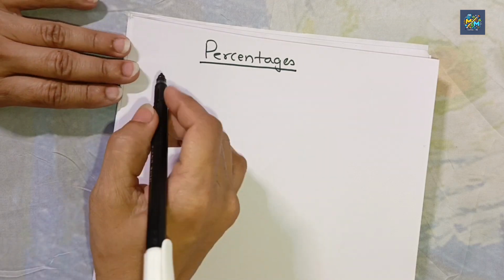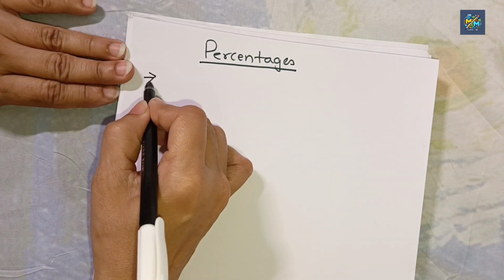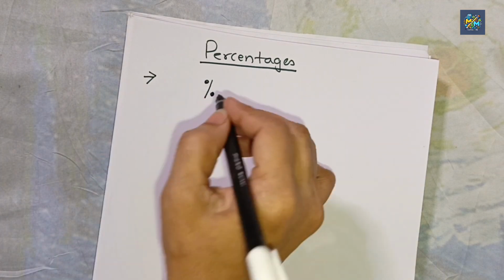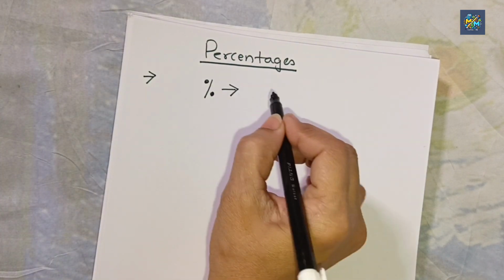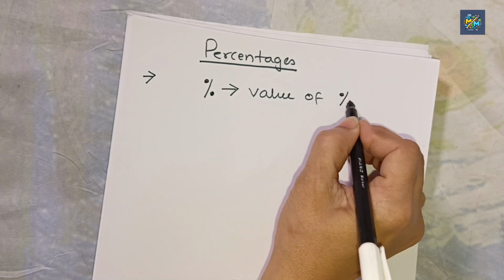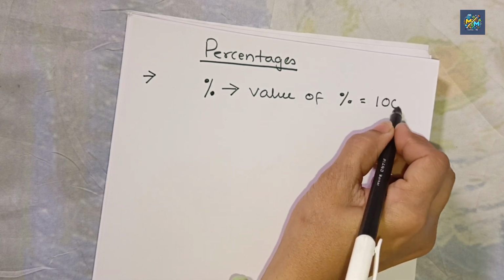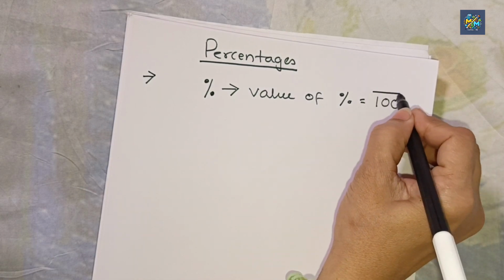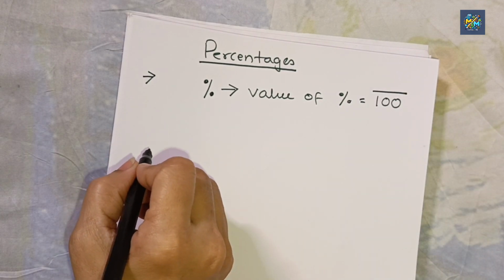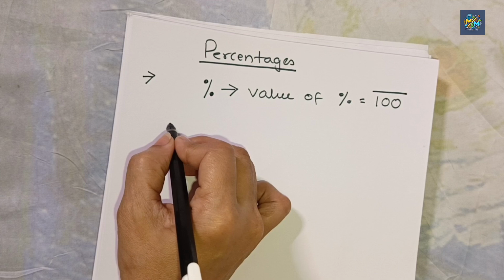So the first example I'm going to give you is very simple. This is the sign of percentage, and the meaning or the value of this sign is 100, a fraction with 100. Now I'm giving you a simple example with a simple amount.